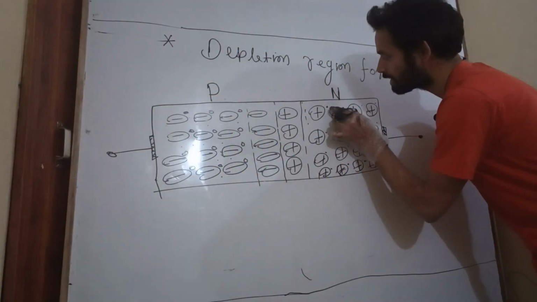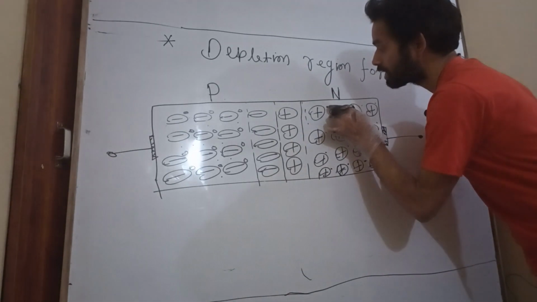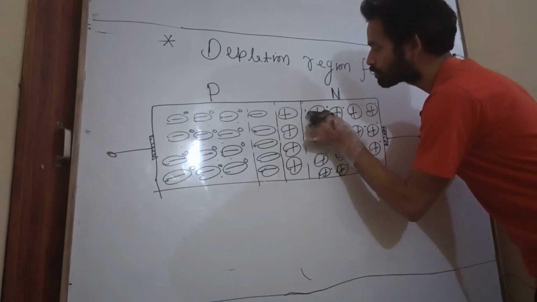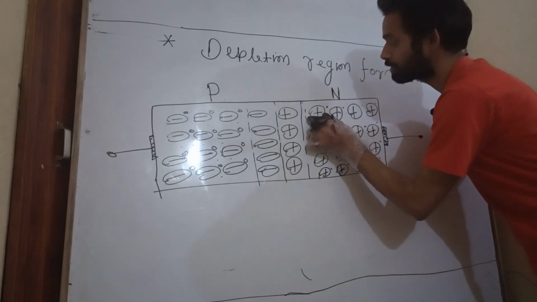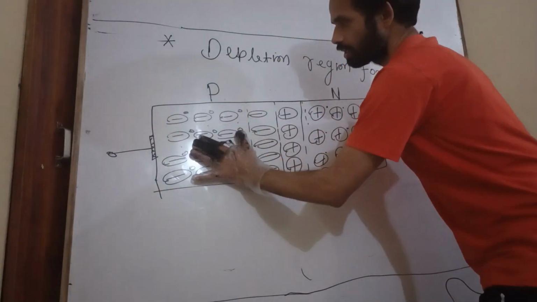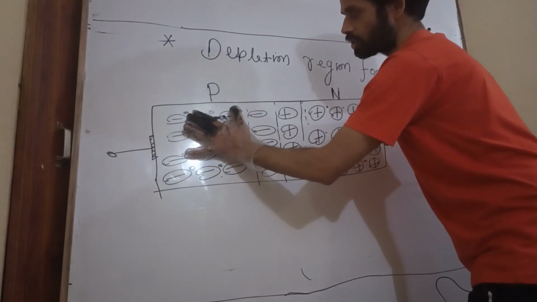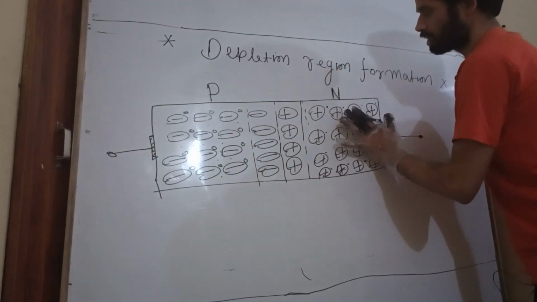Similarly, the negative charge of an electron is neutralized by an equal amount of positive charge associated with the donor atom. So holes are the majority in the P region, and electrons are the majority in the N region.